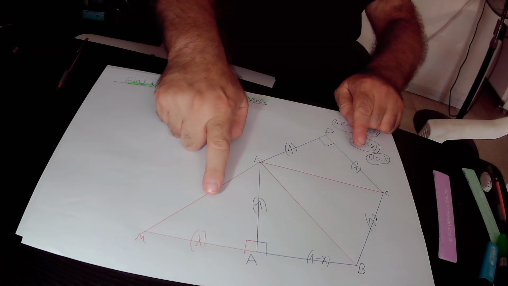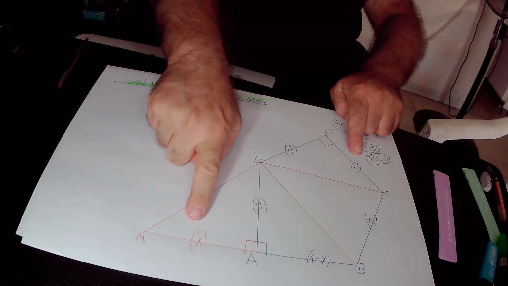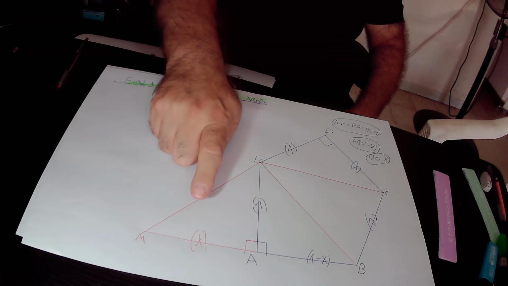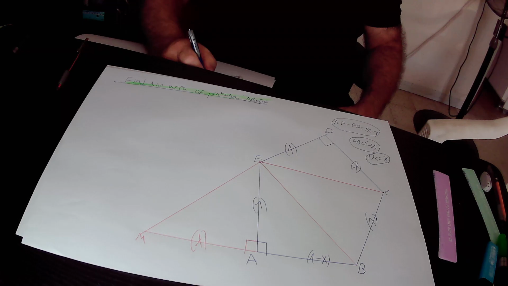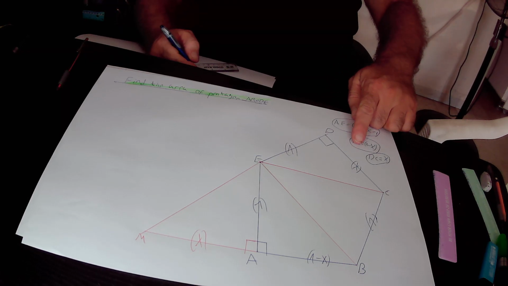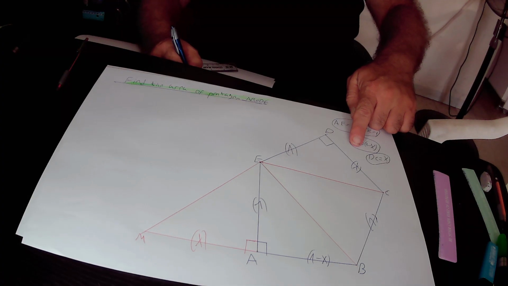First of all, those two sides are both equal to x and therefore they are equal to each other. That is to say, side AM of the right triangle EAM is equal to side DC of the right triangle EDC.